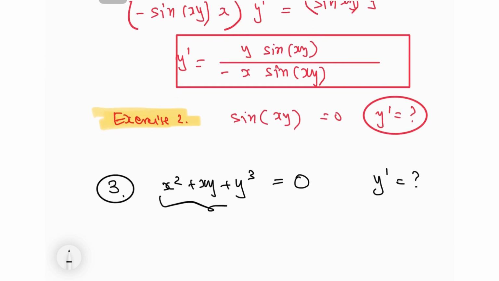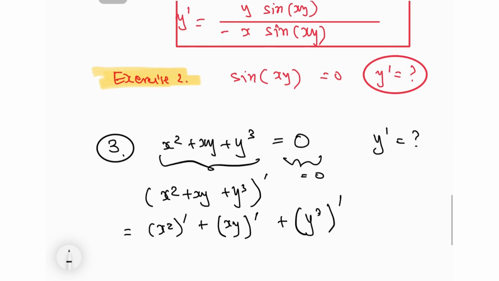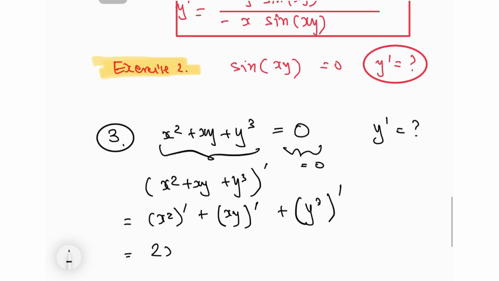So we start differentiating both sides. This is equals 0. And this is x squared plus xy plus y cubed prime. That is x squared prime plus xy prime plus y cubed prime. This is 2x.